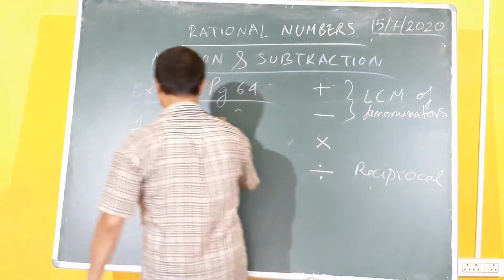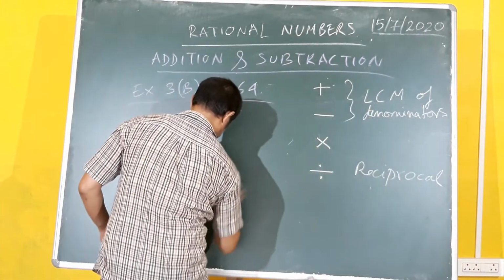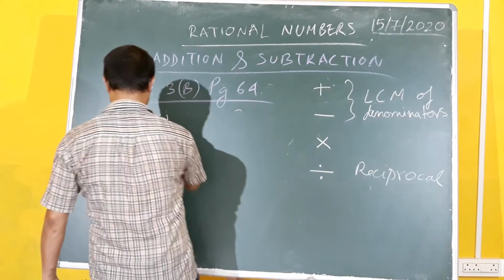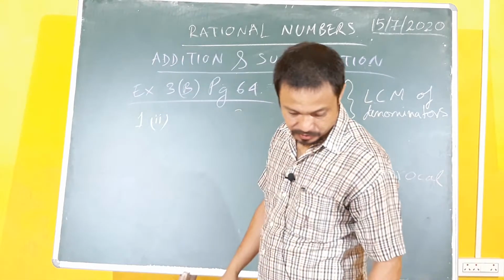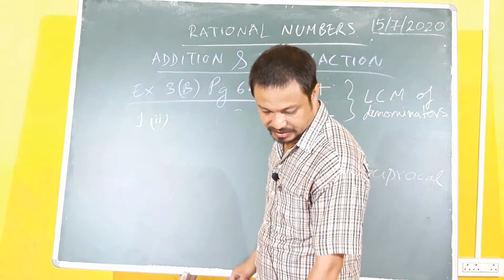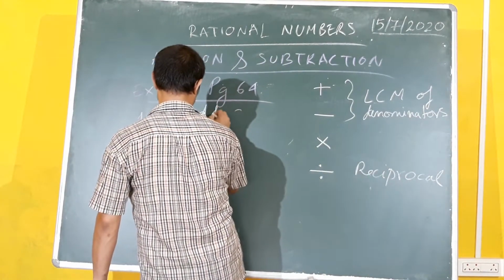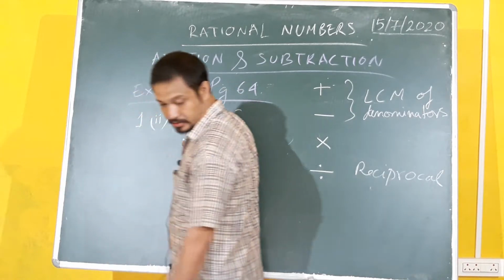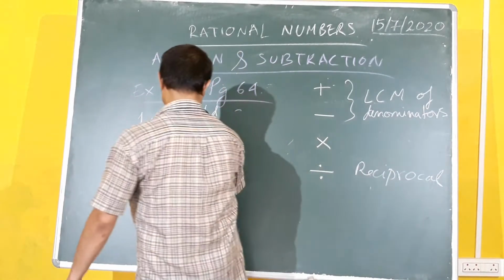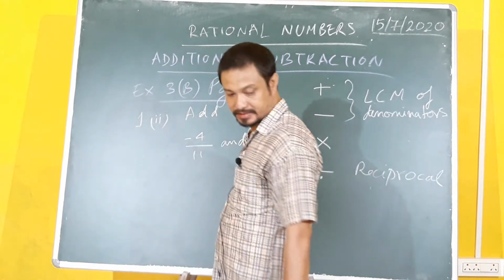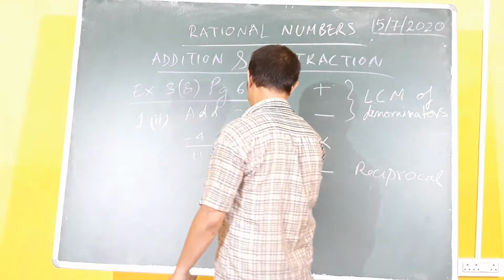I'll just be writing it on the board for those of you who don't have your textbooks with you. Subsection 2: you have to add minus 4 upon 11 and 7 upon 11.